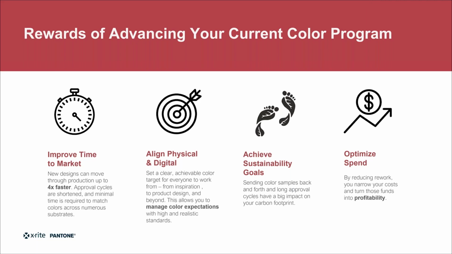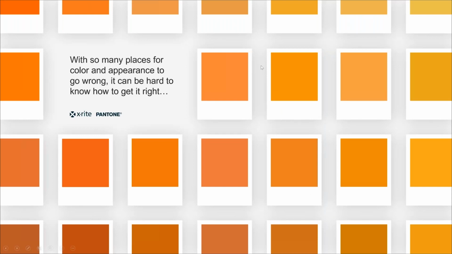Optimize spend. So by reducing rework and having to do fewer physical iterations, we can add to profitability. So with so many places for color and appearance to go wrong, it can be hard to know how to get it right. So that's where X-Rite Pantone comes in to help with that process.